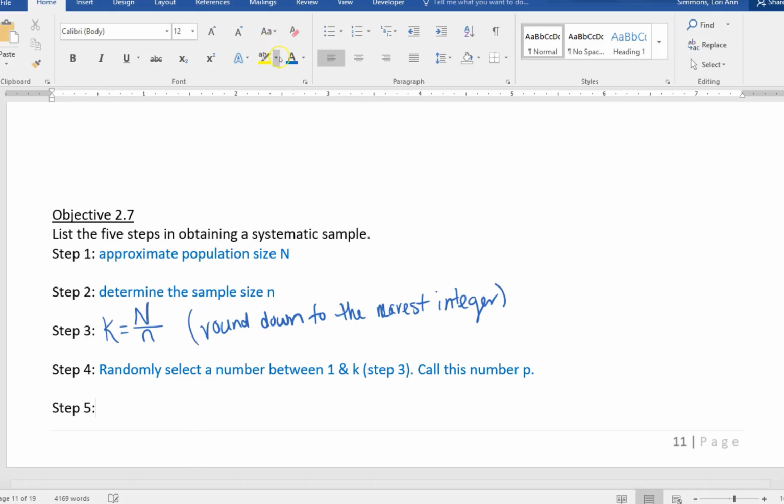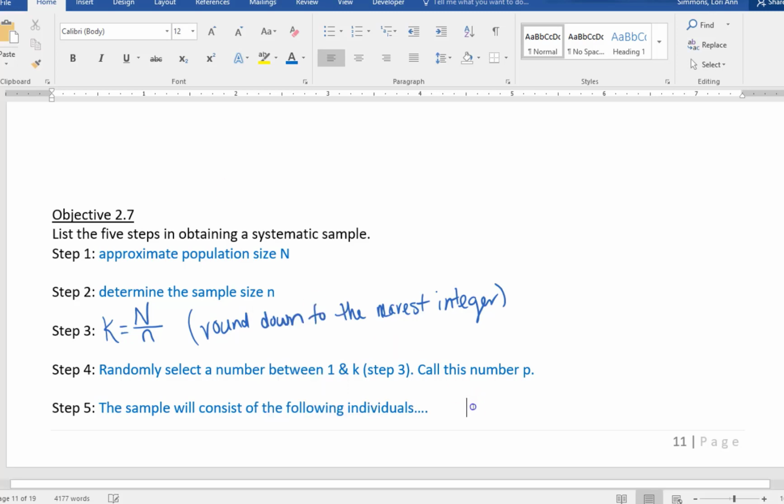And the 5th step: the sample will consist of the following individuals. The first individual you'll pick will be p. Then every kth person after that.